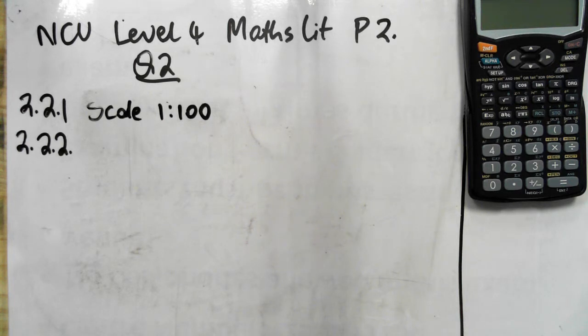The scale means 1 centimeter on the map or the diagram represents 100 centimeters in real life. So in other words, for every 1 centimeter that you measure on this plan, you will actually be representing 100 centimeters of that part of the house in real life. So a simple, straightforward answer: 1 centimeter unit on this plan represents 100 centimeters in real life. Full stop.